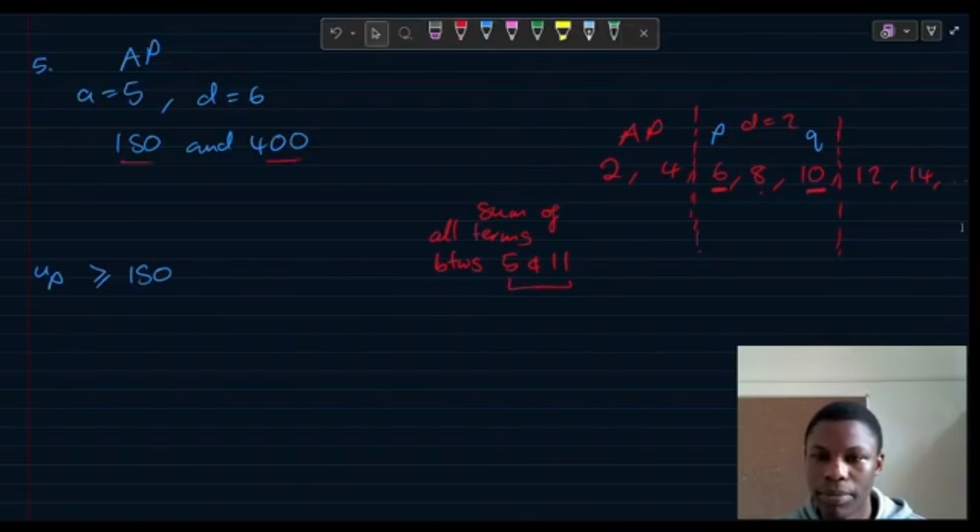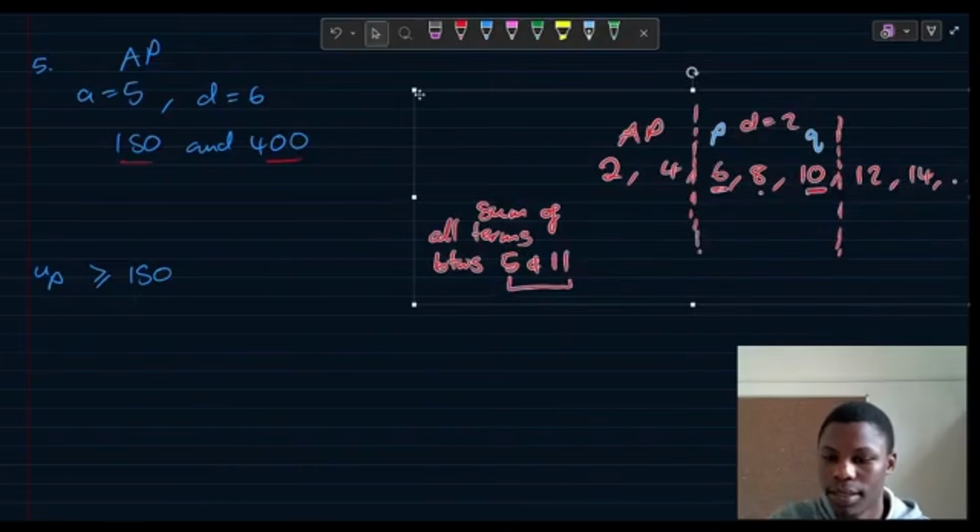Let me scale this up so that it actually makes sense.